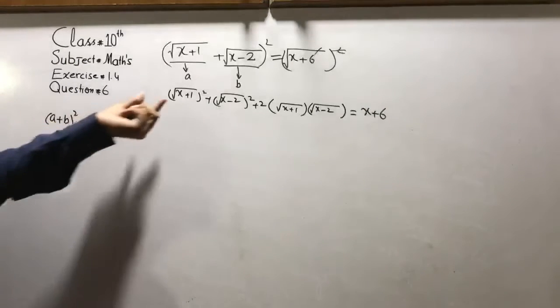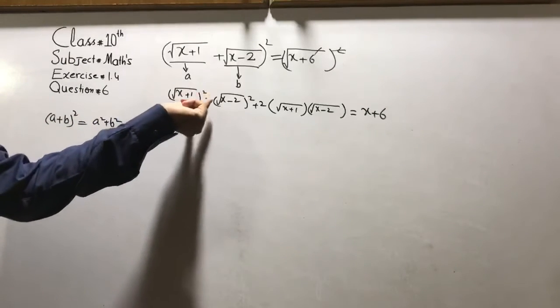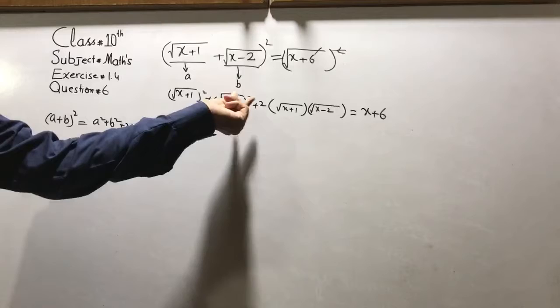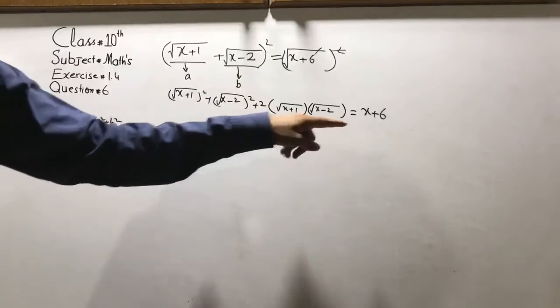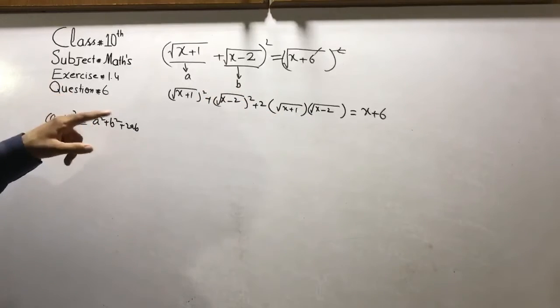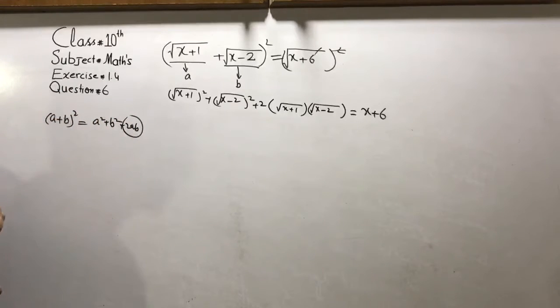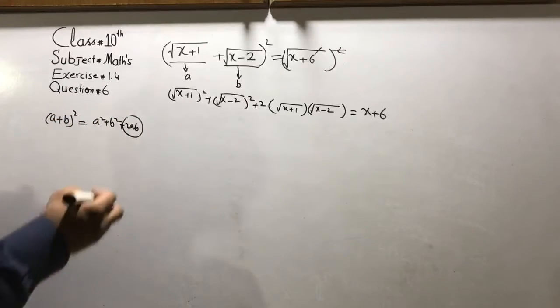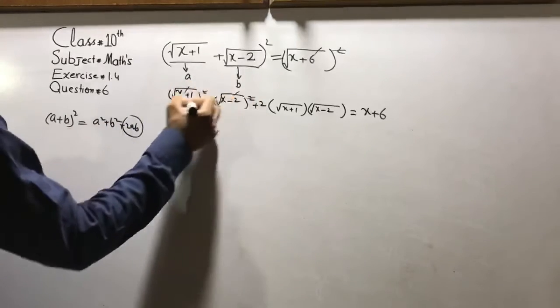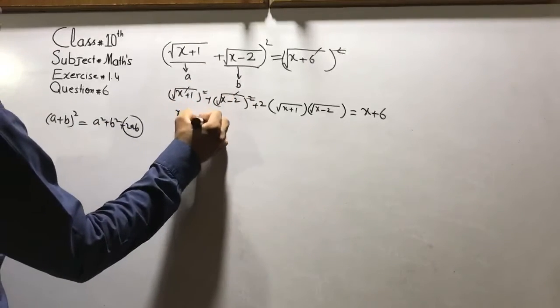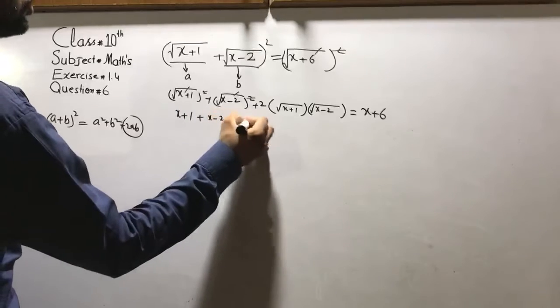Some students write only the squares and do not write the 2ab term, but the answer will be wrong because we are applying this formula and the 2ab term is also present here. Now square root cancels out, we get x plus 1 plus x minus 2 plus 2.